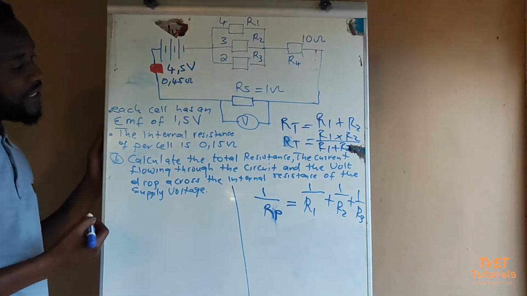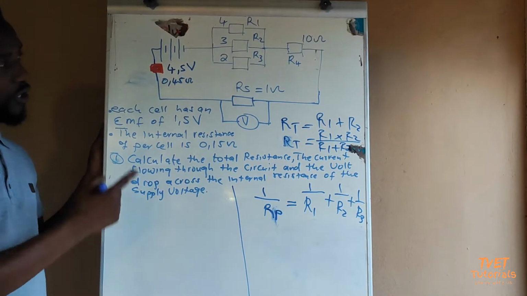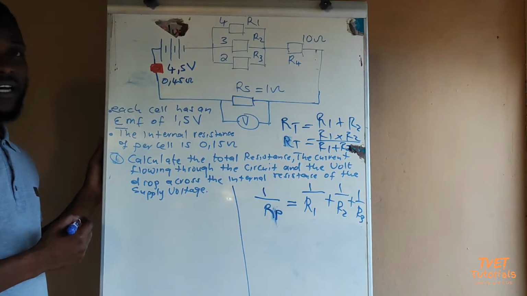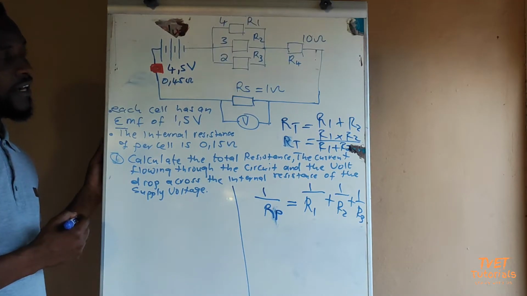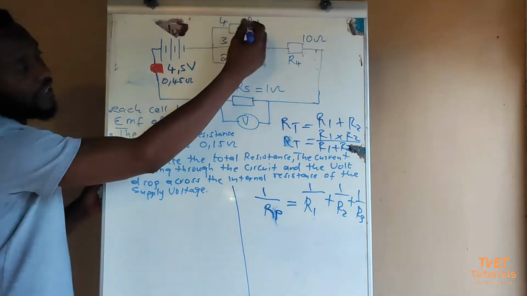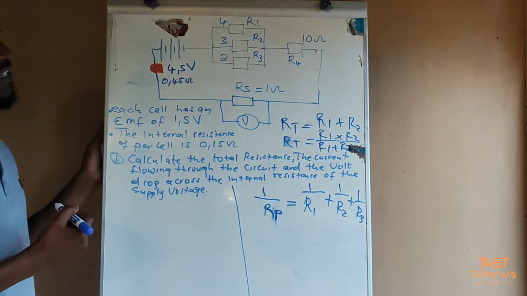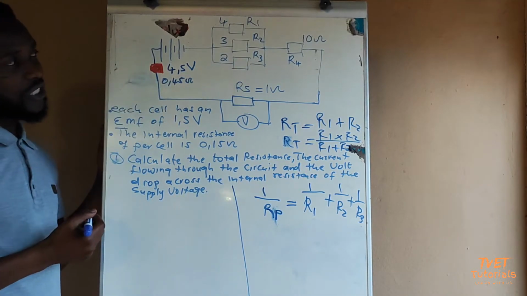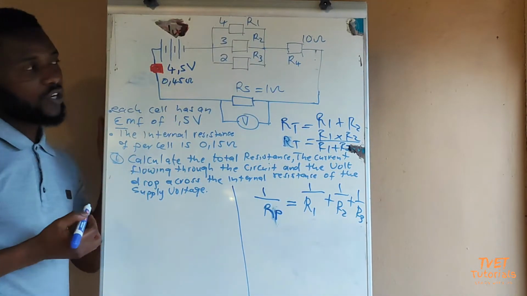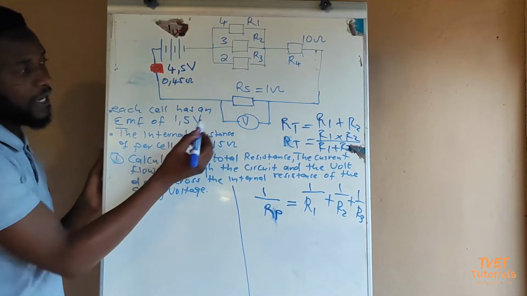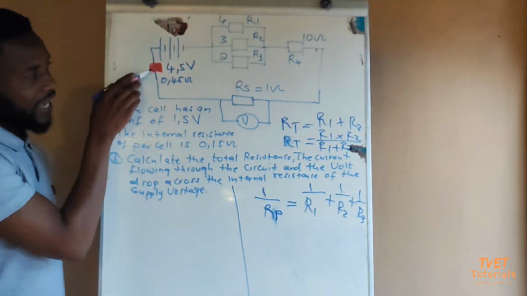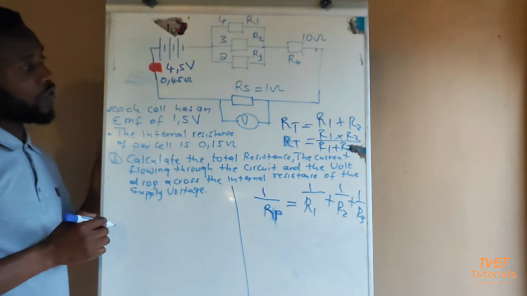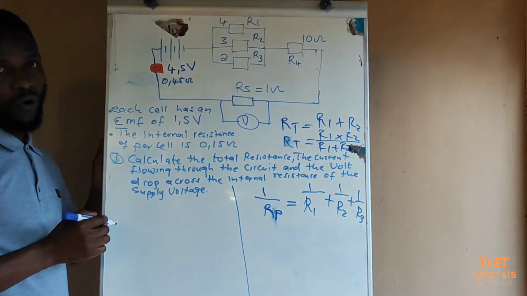So to calculate the total resistance, you have to identify all the resistors that are connected across the circuit. So we have 3 resistors that are connected in parallel. So this parallel combination is connected in series with R4, R5, and our internal resistance of 0.45 ohm.